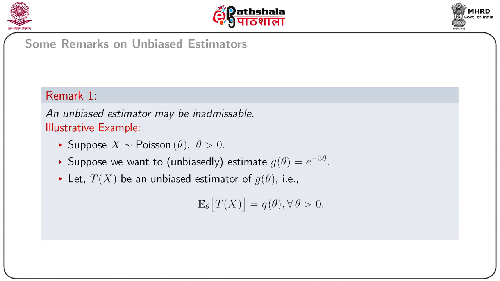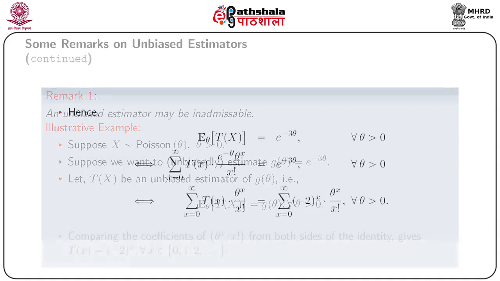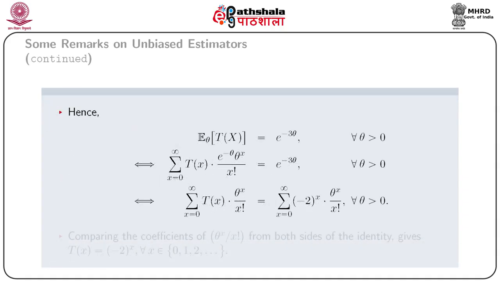Hence, expectation of T equals g(θ) for all θ, which implies summation over x from 0 to infinity of T(x) into e to the power minus θ into θ to the power x, whole divided by x factorial, is equal to e to the power minus 3θ for all θ. This implies summation over x from 0 to infinity of T(x) into θ to the power x by x factorial is equal to e to the power minus 2θ, which equals summation over x from 0 to infinity of (minus 2) to the power x into θ to the power x divided by x factorial.